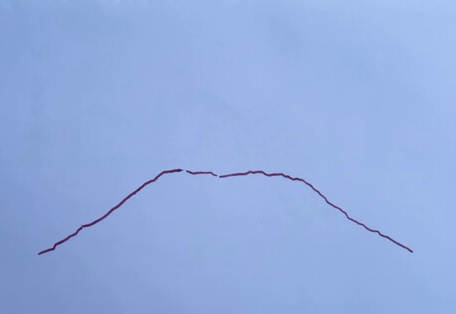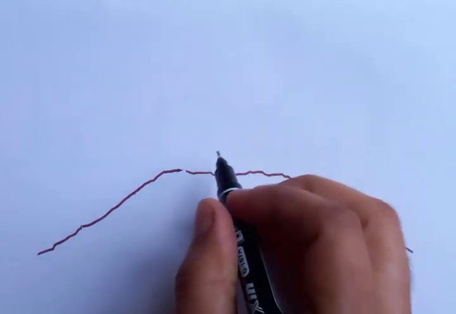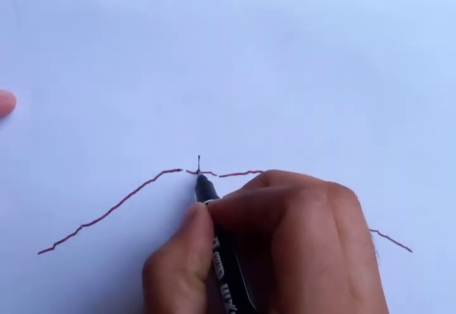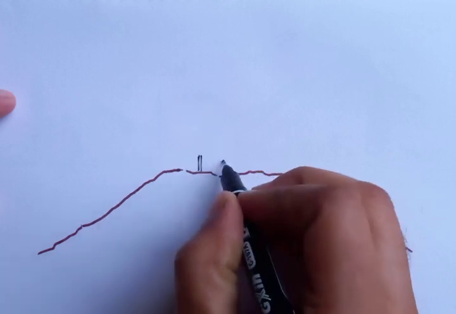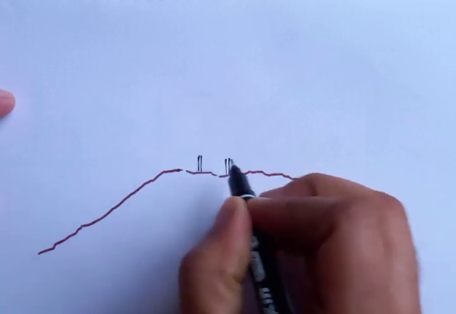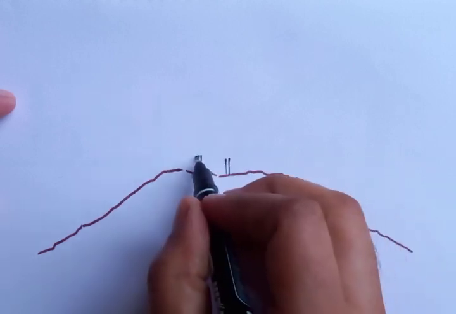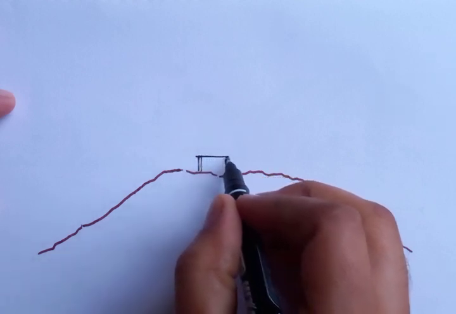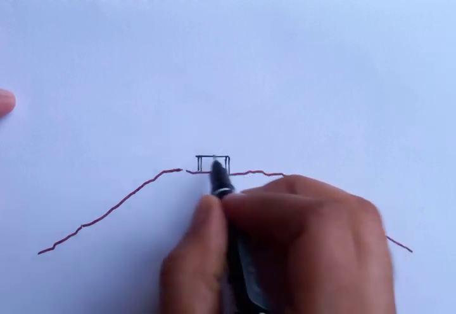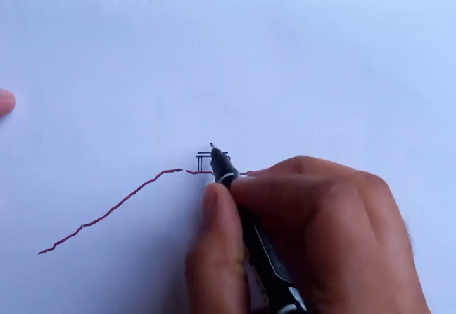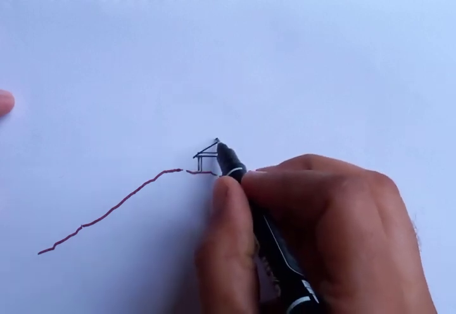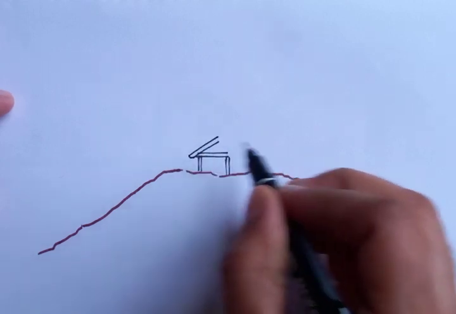Let's use another pen and draw the formations, or the regular body of the house. And now we are going to draw the pitched roof.